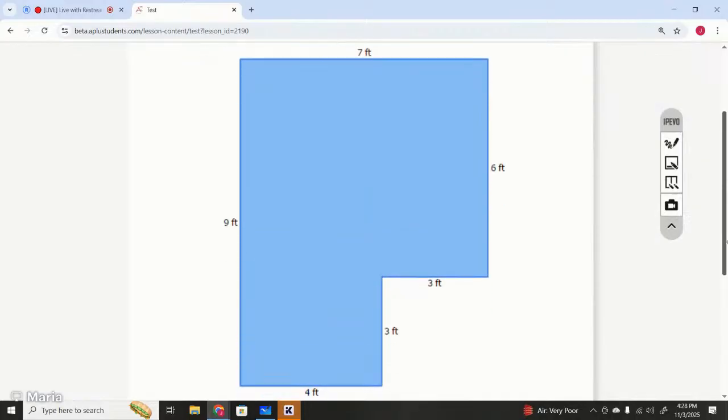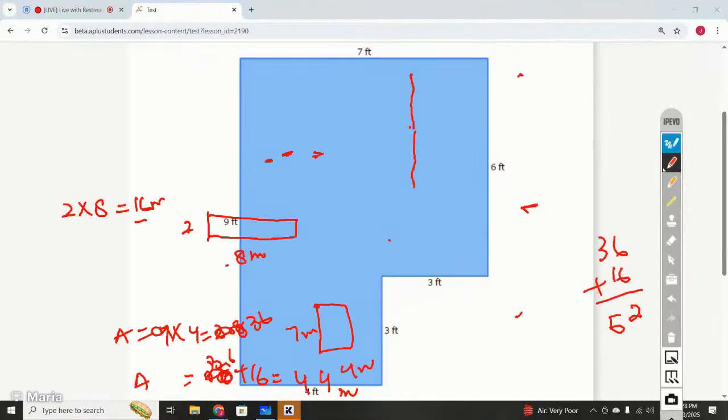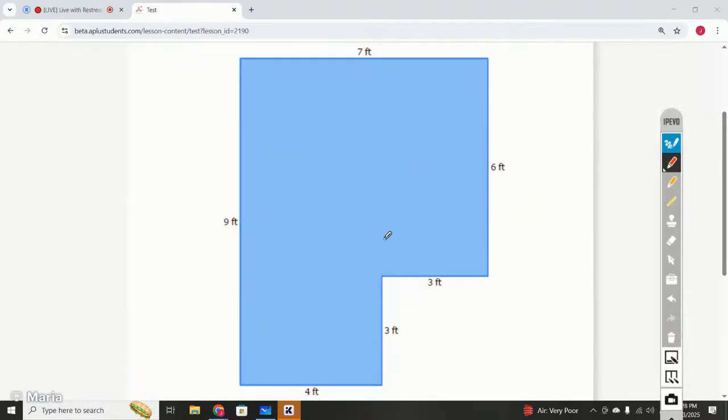What is the area of this figure? So we need to divide the complex figure into two smaller figures, right? So for this larger square, we have the side length 7 and 6.